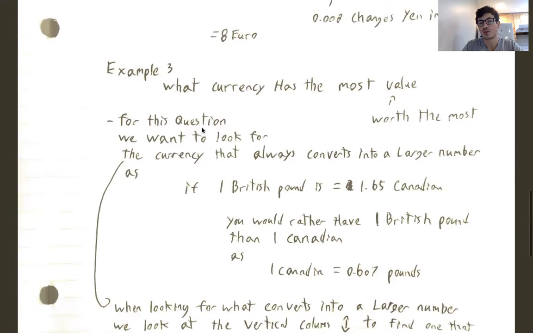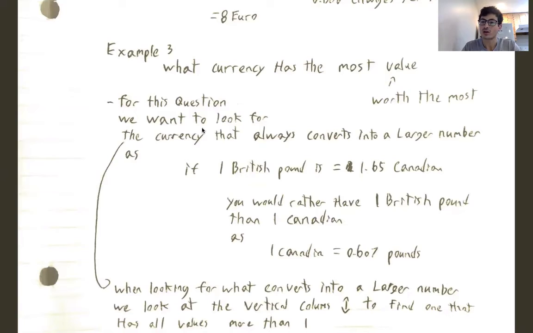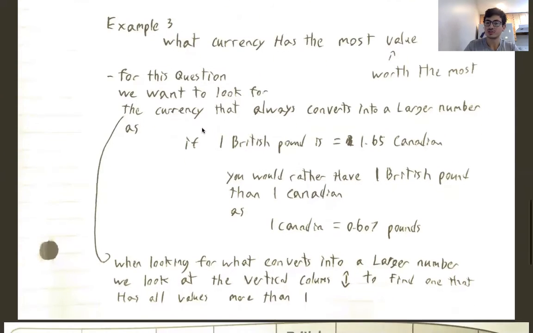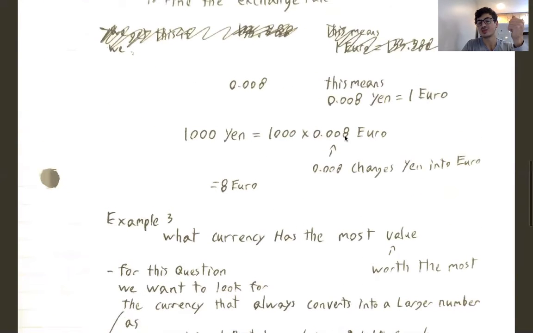So when we're trying to figure out what currency has the largest value, we want to figure out what currency converts into a different currency, but always when it converts, it has a bigger number. So when we convert yen into euros, we get a smaller number, which means a euro is worth more than a yen, because 1,000 yen is worth the same as 8 euros.